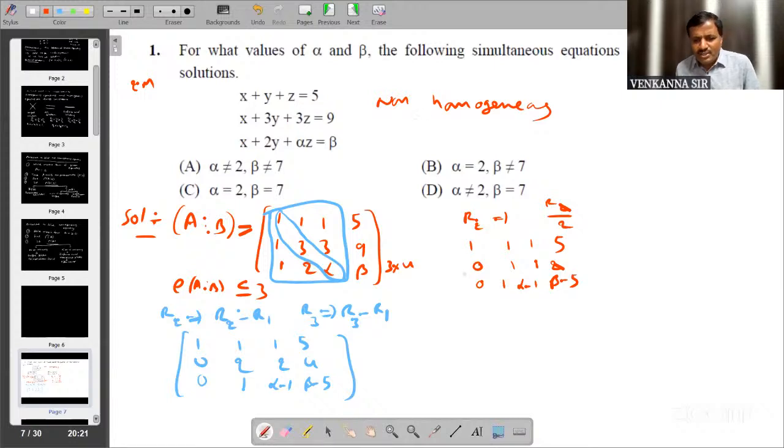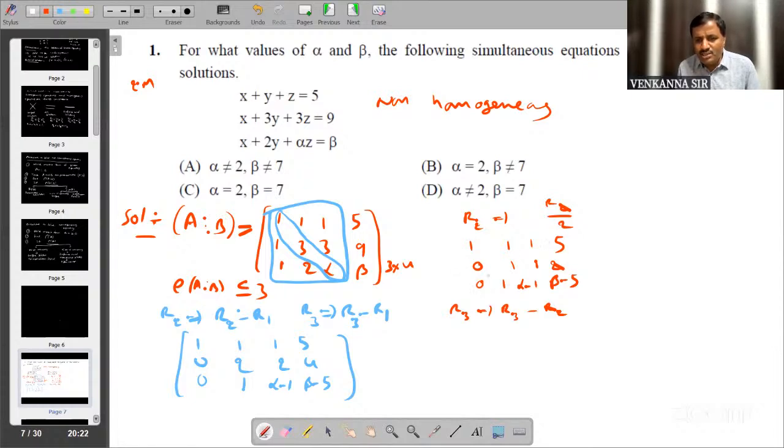Then what is the next logic? We have to reduce this 1 into 0. What operation is required here? R3 implies R3 minus R2. We have to relate the third row and the second row. Don't relate the third row with the first row, because those elements will be disturbed.